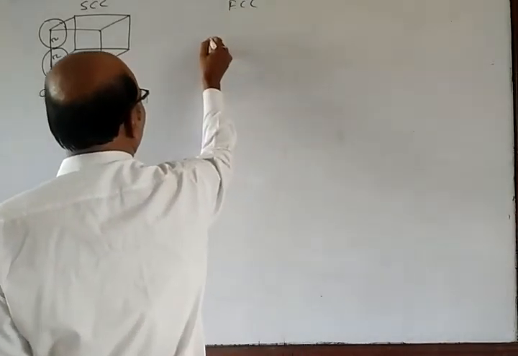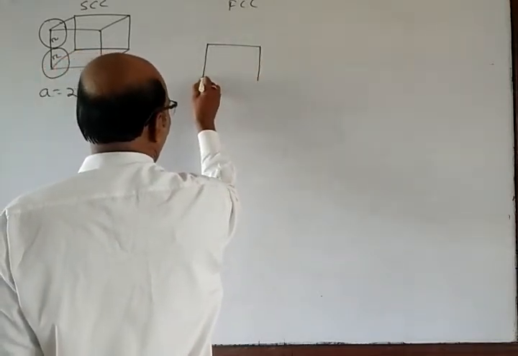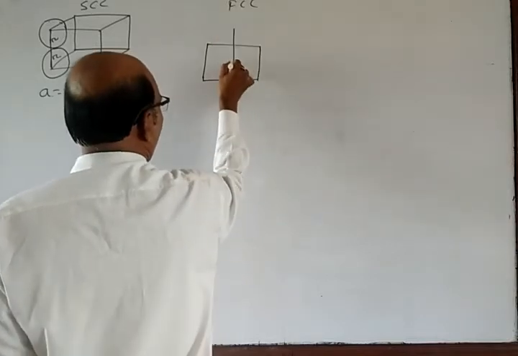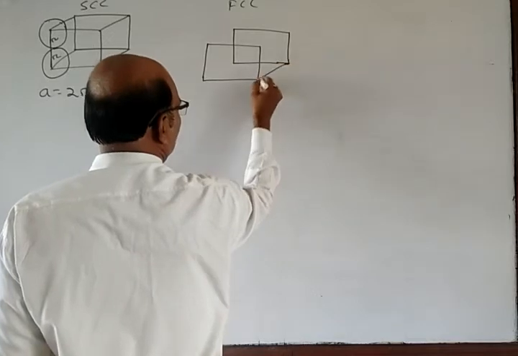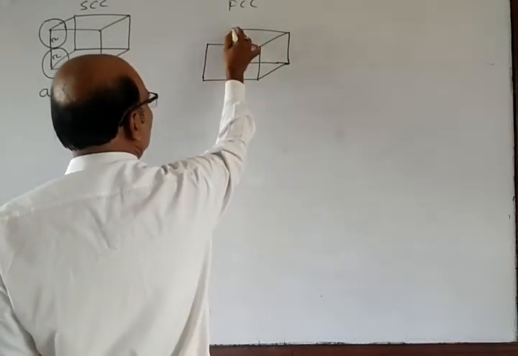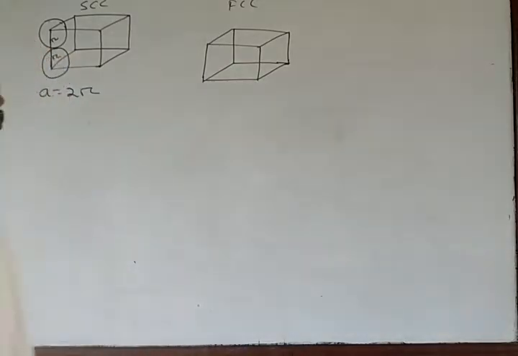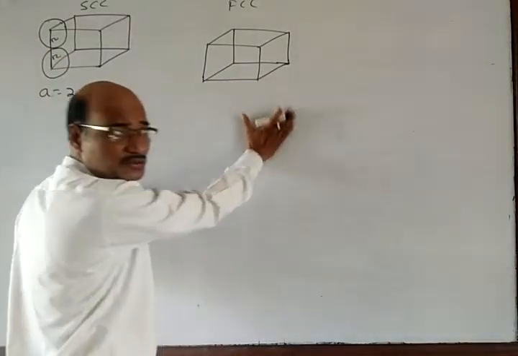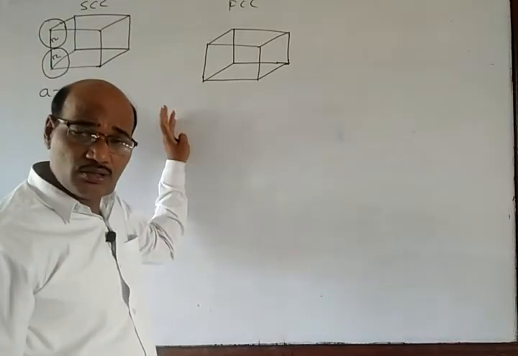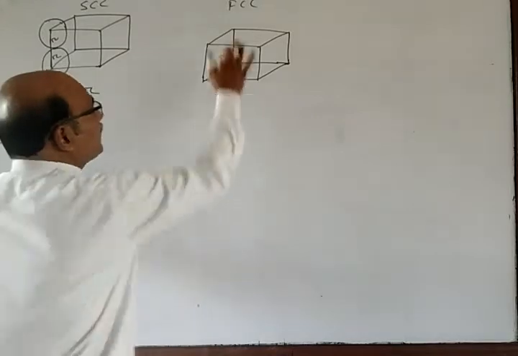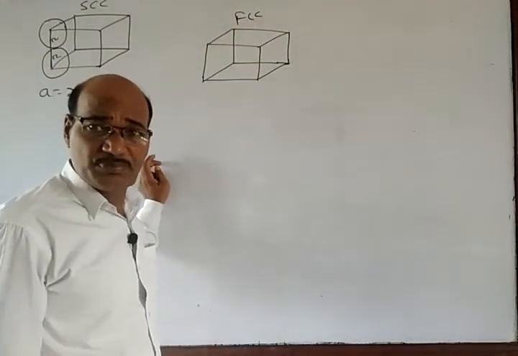Similarly, if I take FCC, in this unit cell we have atoms at the corners, and again one atom at each face.